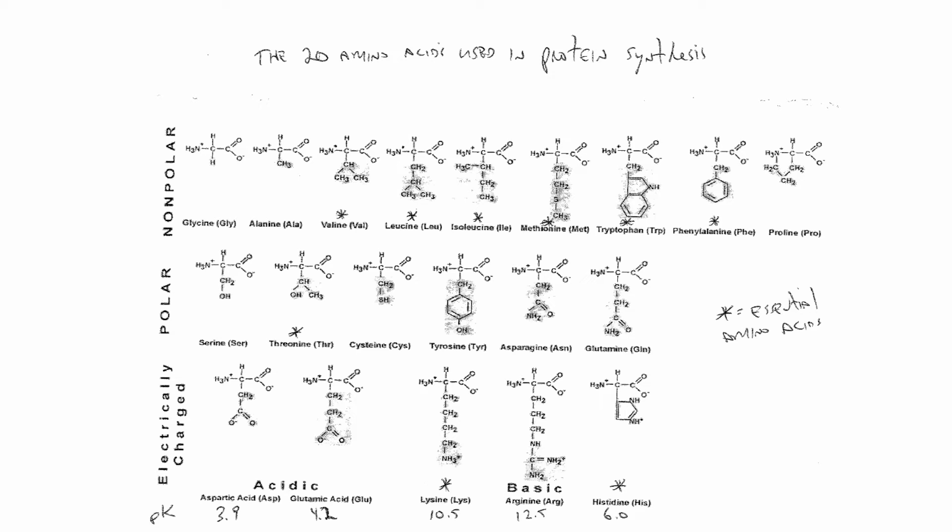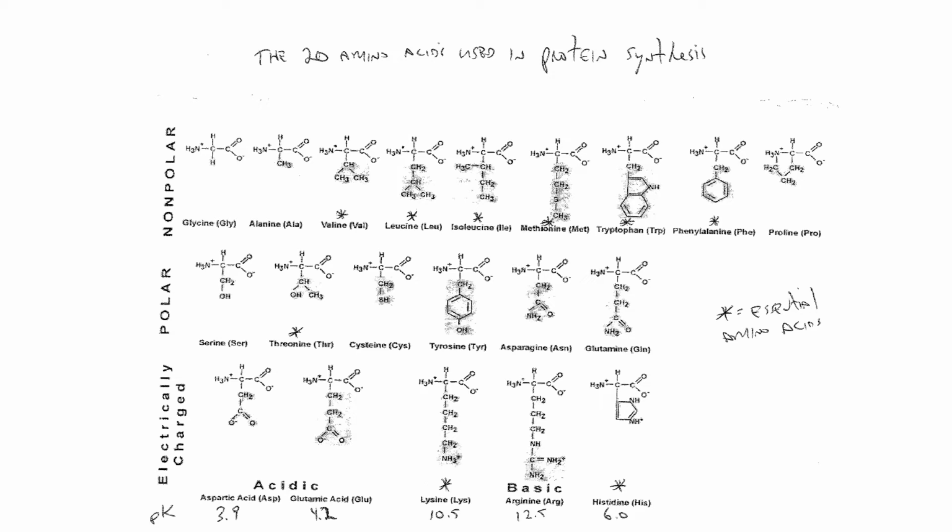Another group on there. So these are all polar amino acids or hydrophilic, meaning that these R groups will interact with water. The nonpolar R groups will not interact with water. And it's going to make a huge difference on how these things participate in creating the shape or structure of the protein.